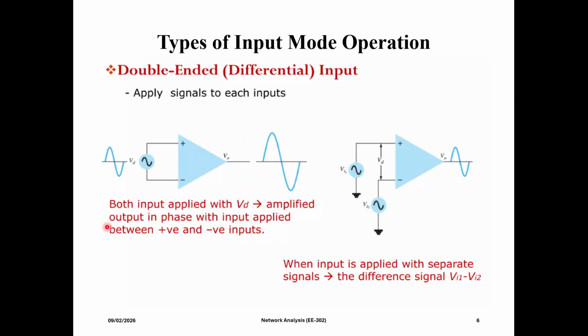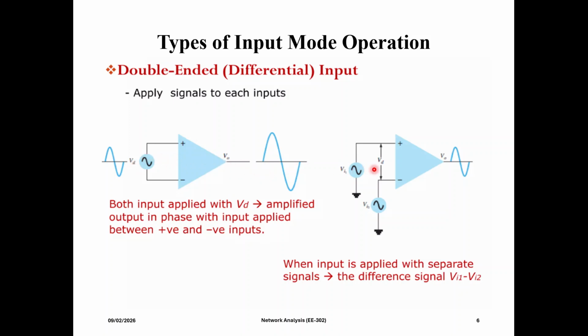Okay, and the second one is the double-ended or differential input. Okay, here we apply signals to both inputs. If the same signal is applied to both inputs, the output is amplified and in phase with the difference between them.